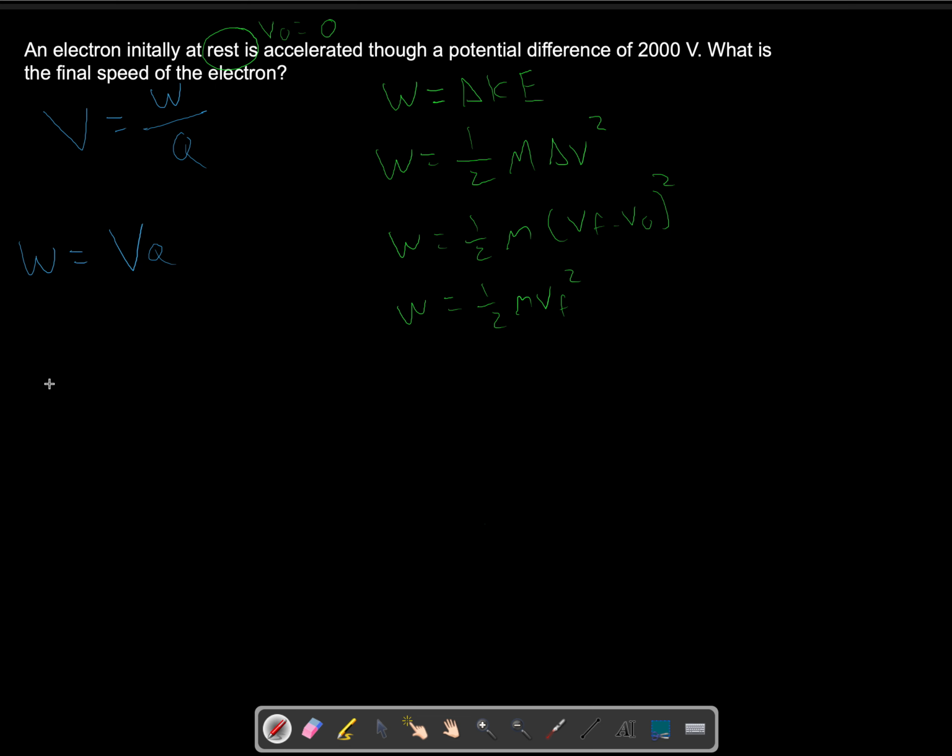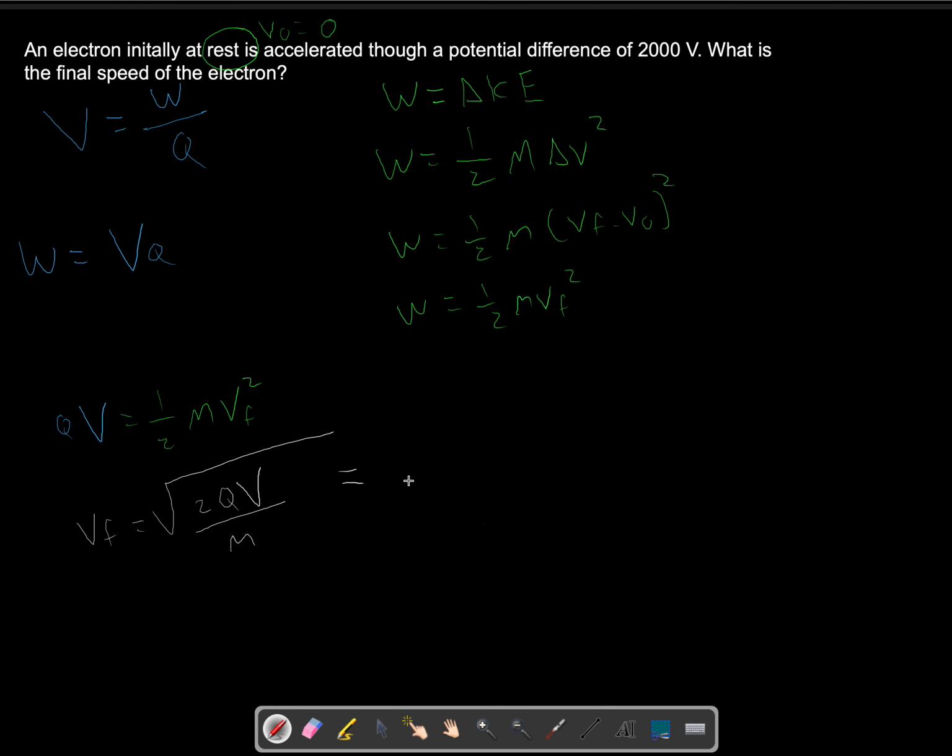I have QV, the charge times the voltage, equals 1/2 mass times final velocity squared. So I'm going to solve for final velocity. I get this nice equation that says the final velocity equals the square root of 2 times the charge times the voltage over the mass.